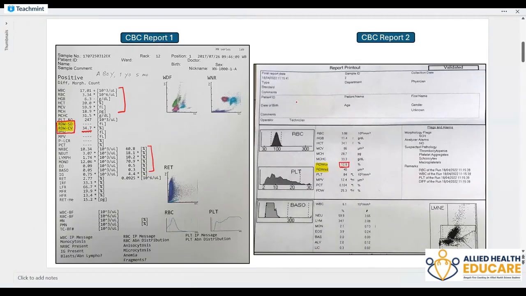Why in CBC report 2 is the RDW value 12.9%, and in CBC report 1 the RDW value is 35%? Why does this difference occur? So let's look at some pictures.